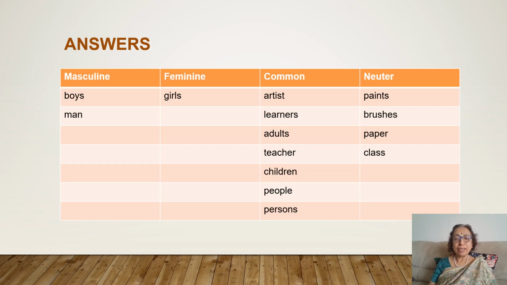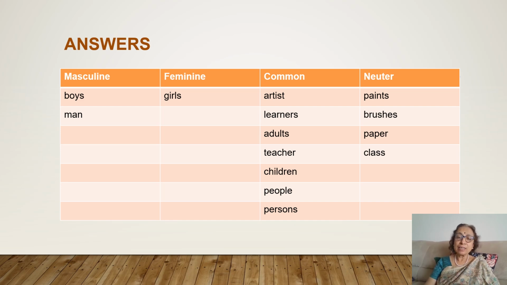I hope all the beginners have worked out the answers. The people who are at other levels also can work it out just to check how good your English is. Now look at the passage and see what the answers are. An artist was giving coaching, so artist is common gender, to a group of boys and girls. So boys masculine and girls feminine.